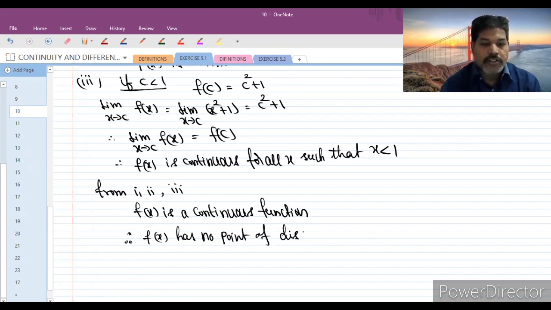Why? Because they are asking what the discontinuity is. So f of x has no point of discontinuity.